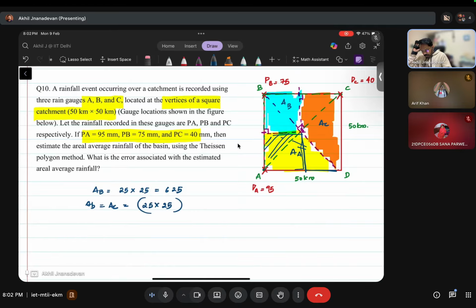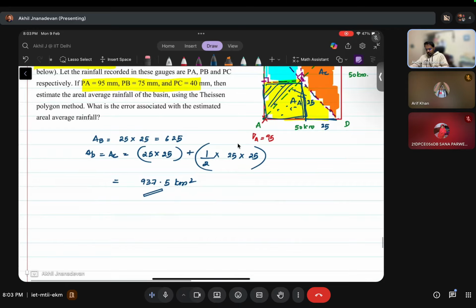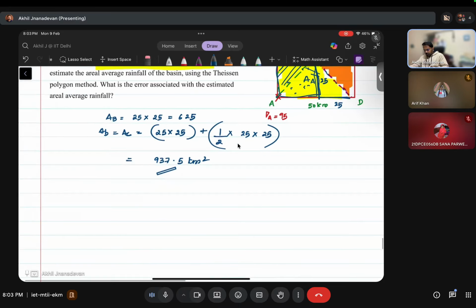The area of the triangle is half into base into height, where this is 25 and this is also 25. If we do this, we get 937.5 kilometer square. That is the area for A and for C. If you take the sum, 625 plus 2 into this, we get the total area.